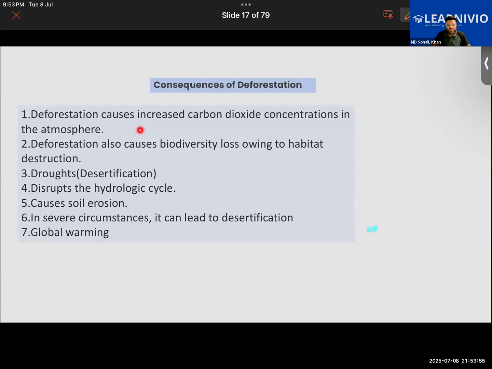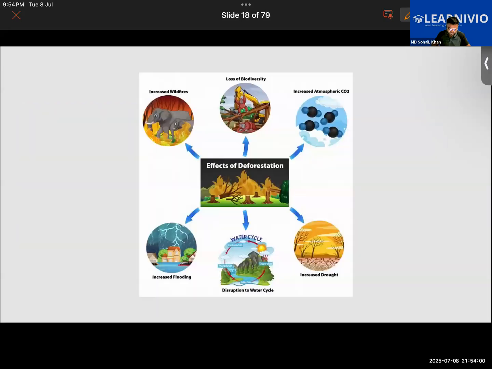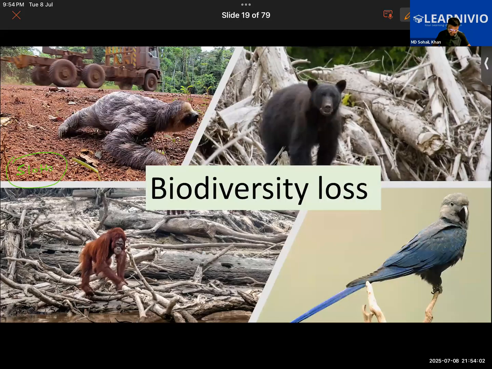Then it also causes biodiversity loss owing to habitat destruction. You might have come across several videos or certain pictures of animals from the wildlife entering into households.